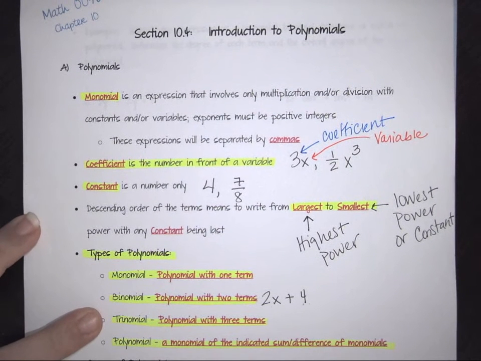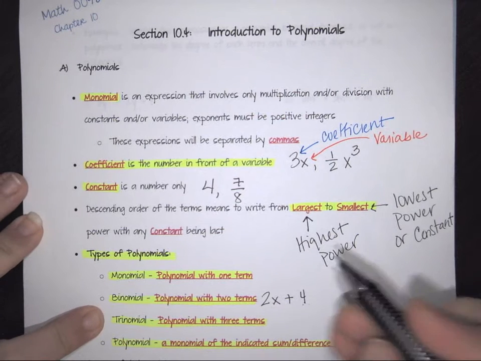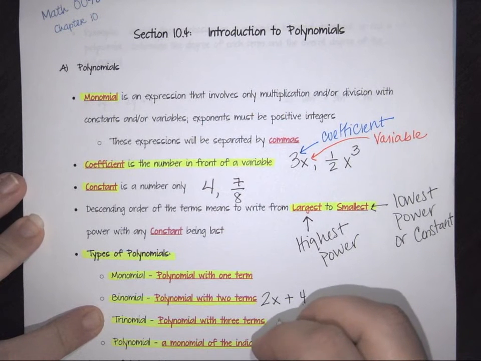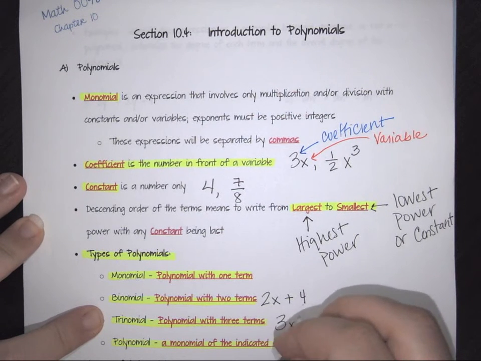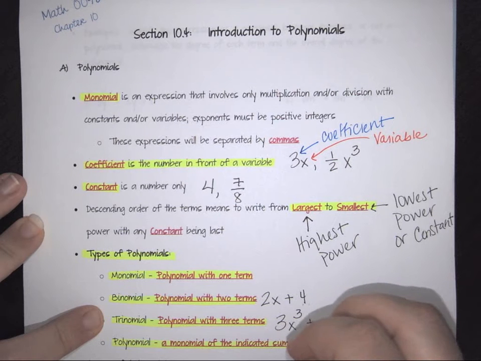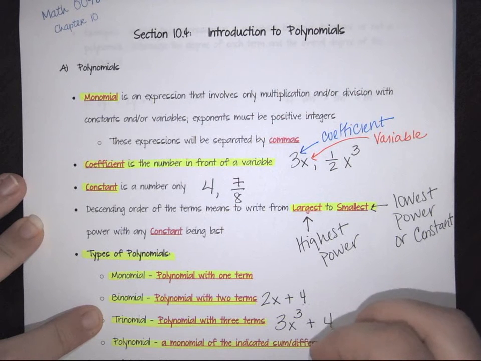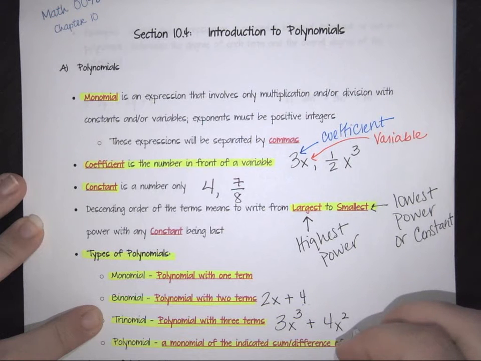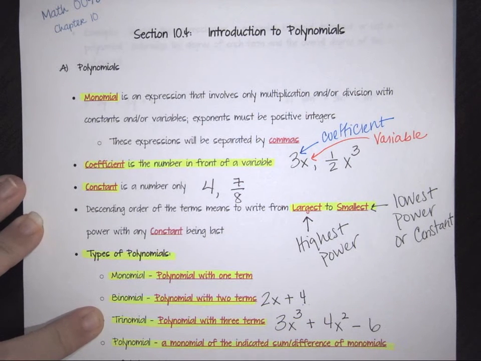A trinomial is a polynomial with three terms. So for example, we may have something like 3x cubed plus 4x squared minus 6. Notice I have 1, 2, 3 terms, and that was it.